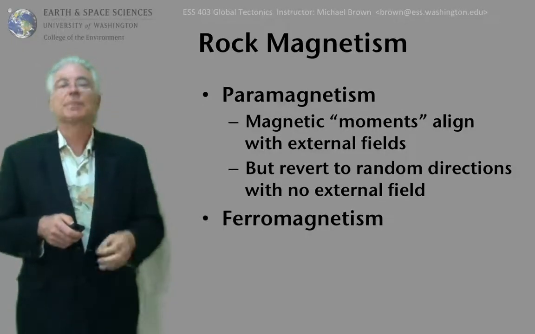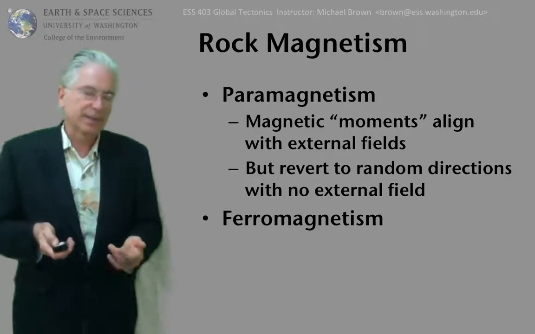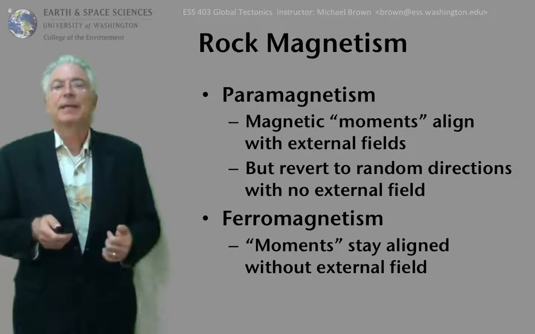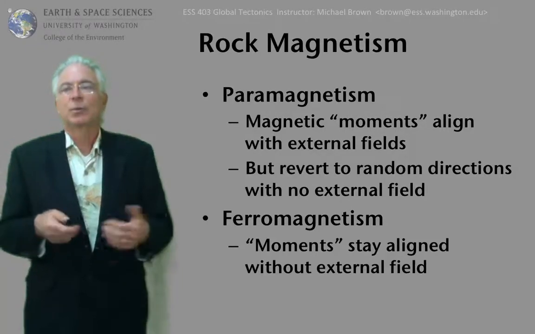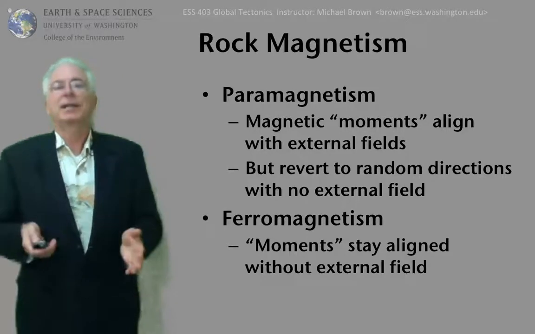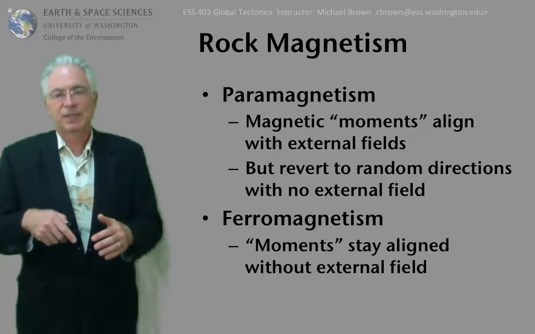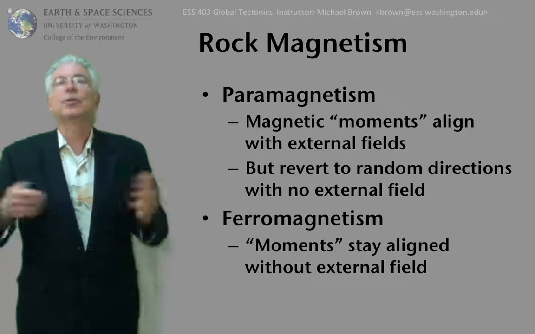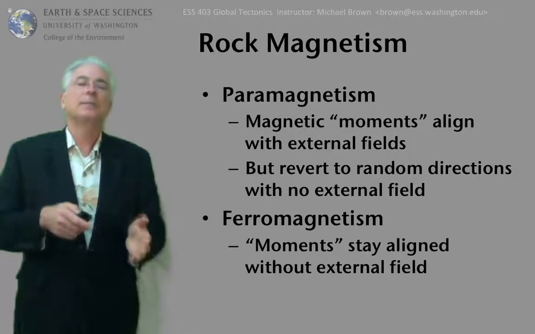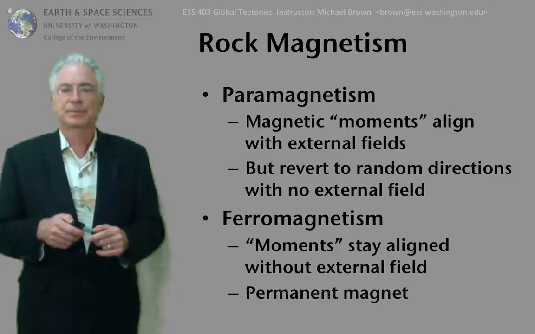However, in some classes of materials, ferromagnetism is observed, and with ferromagnetism, the magnetic moments stay aligned in the absence of an external field. So you apply an external field, the electrons align themselves to the external field, you turn the field off, and there's something that holds the electrons and keeps them from reverting to their random distribution.